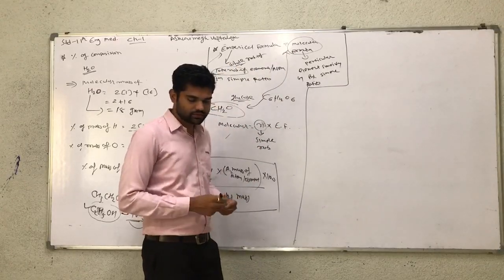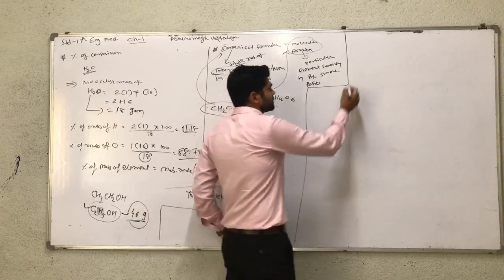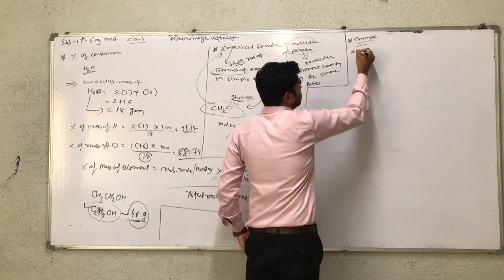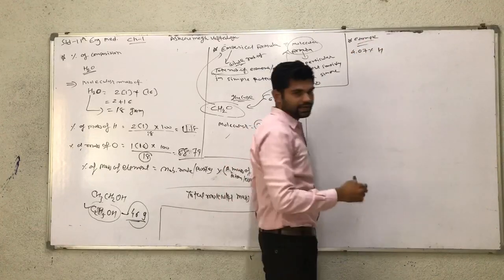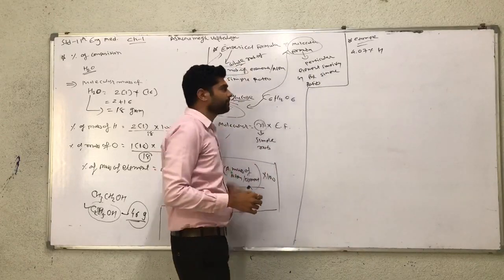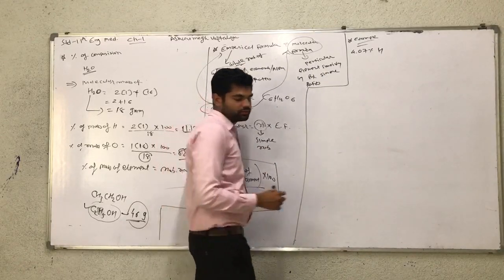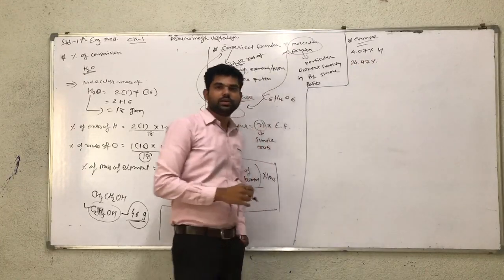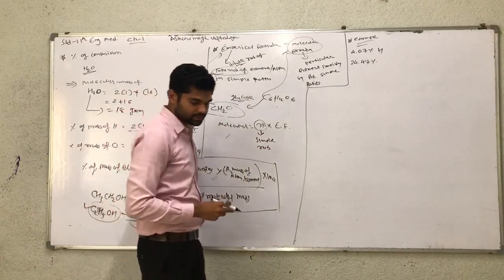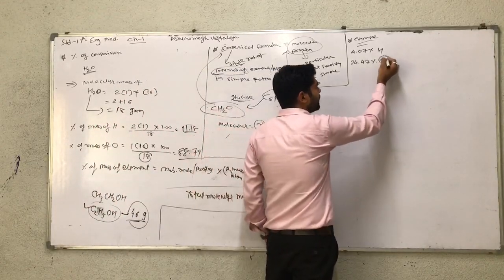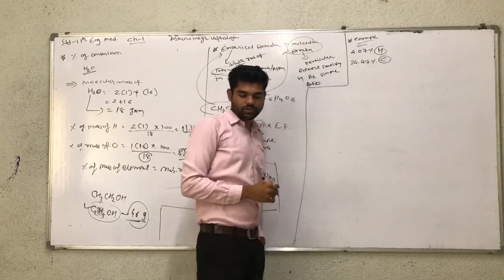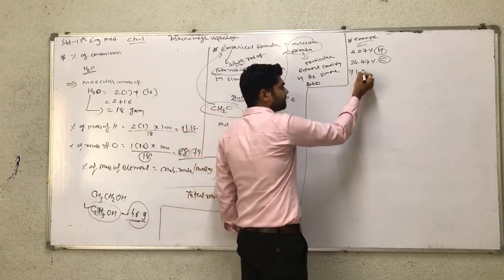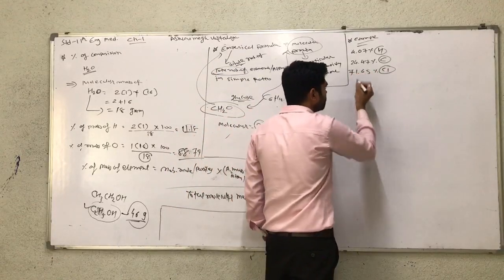Now let's solve an example using this concept. In the example we are given 4.07 percentage hydrogen, another value 24.47 percentage of carbon, and another value 71.65 percentage of chlorine.